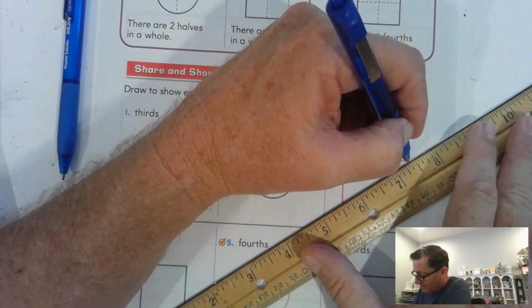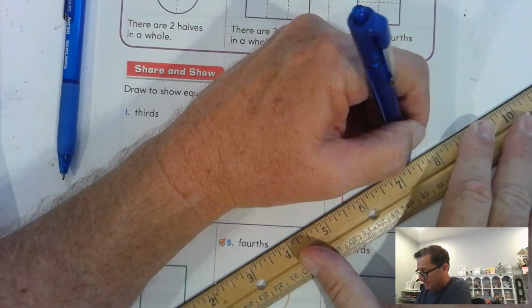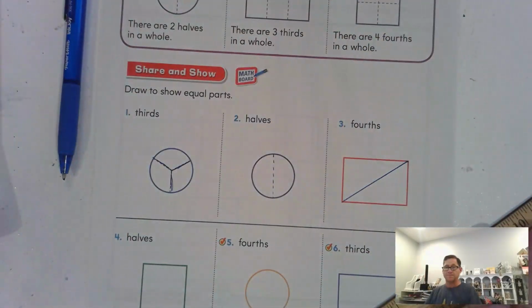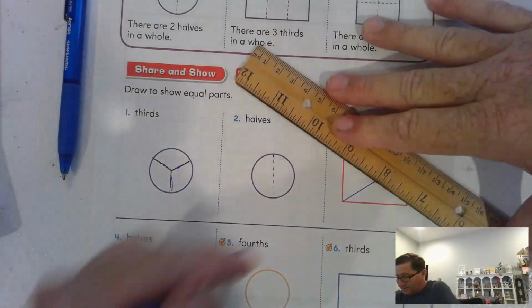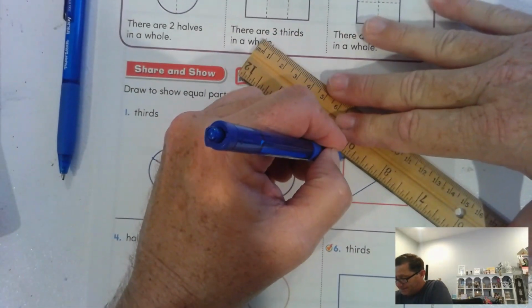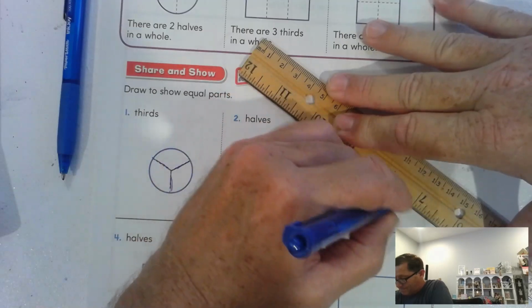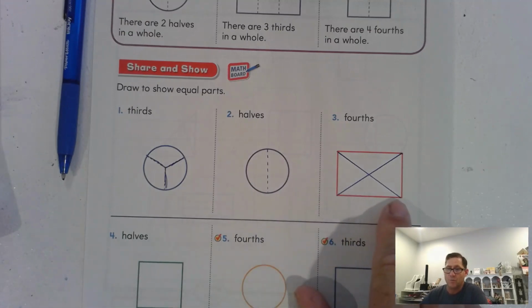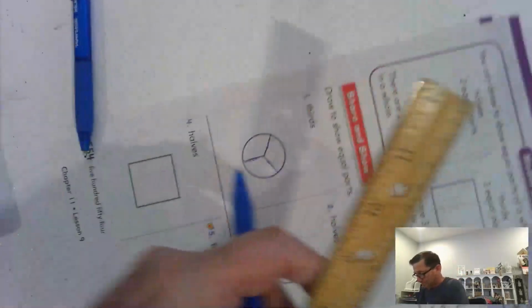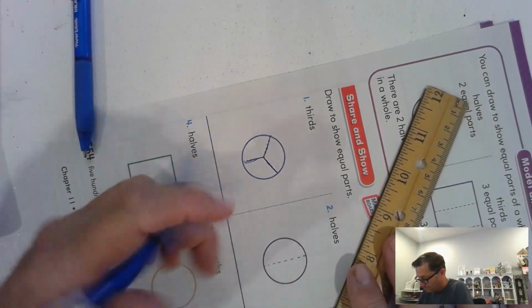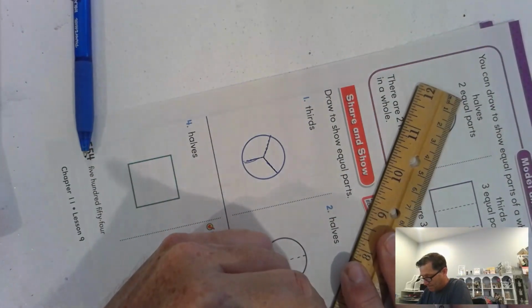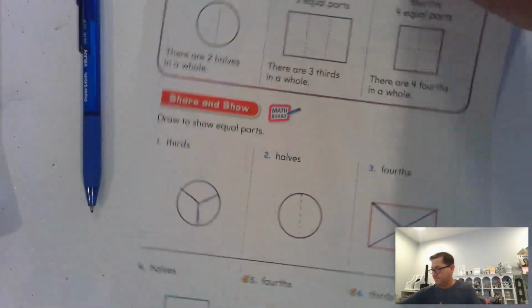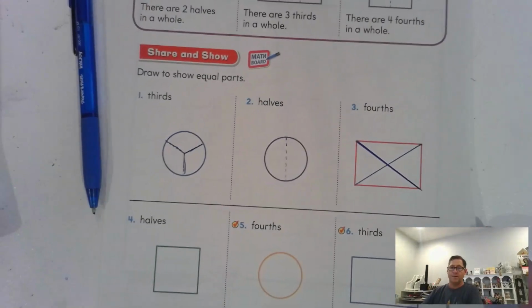So we put the pin in the corner, put our ruler up against the point of our pin, draw across. So that's halves right now. And if we do the other side, we'd have four. Okay. And I kind of missed the corner there, didn't I? All right. So four equal parts, fourths.